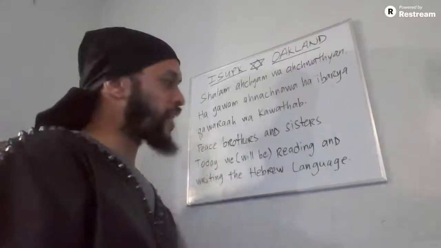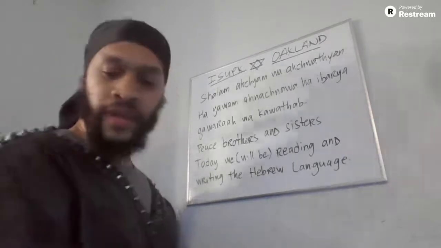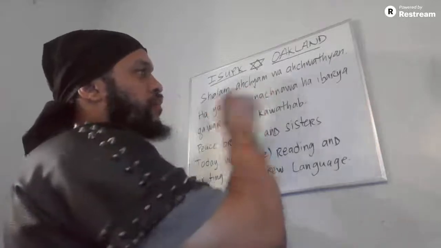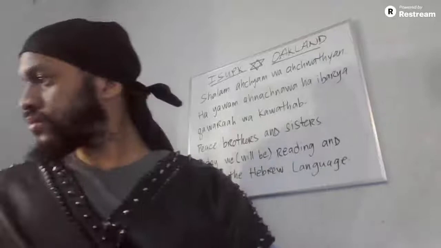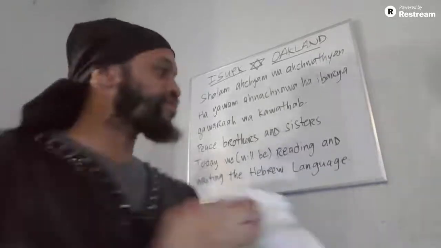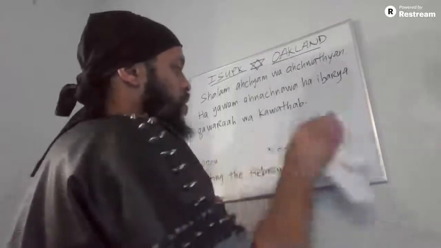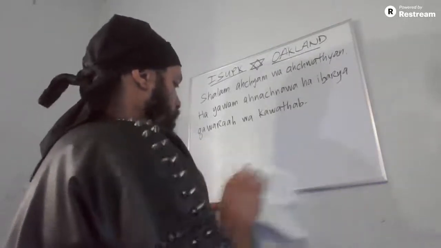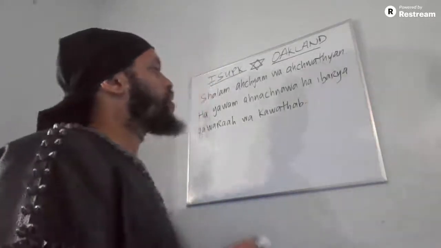So as it says, we're going to be reading and writing the Hebrew language. If you were to take this Hebrew right here and write it how it would look in ancient, remember two things.